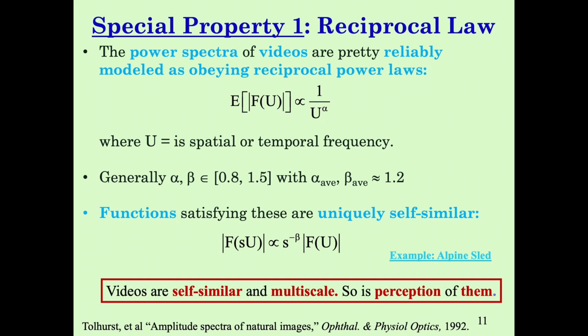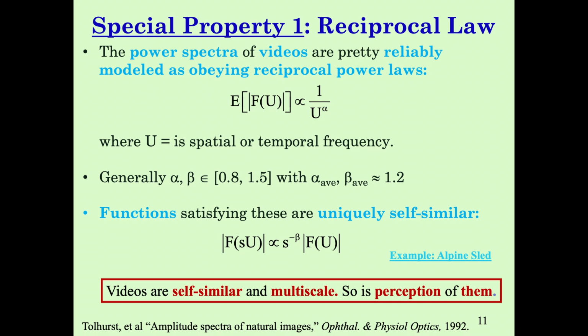This is an old result, okay? Typically the exponent here is often said to be about 1. In truth, experimentally, and extensive studies have been done, it's usually around 1.2 on pictures and videos that have been digitized. This is true whether we're measuring the spectrum spatially or in the time dimension. They're also 1 over f along the time dimension, okay?